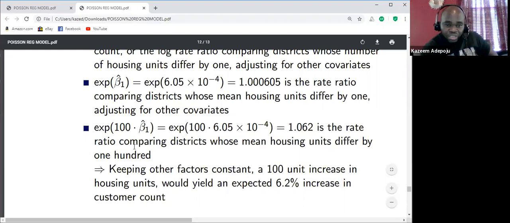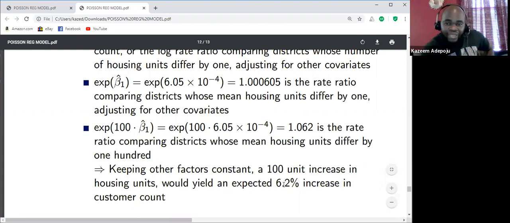But if I want to talk about units differing by 100, I need to do 100 multiplied by that. So what I'm trying to say is that keeping other factors constant, a 100 units increase in housing units will yield an expected 6.2% increase in customer count.